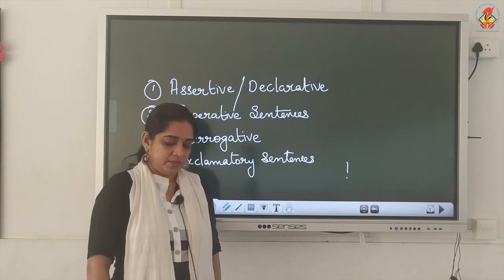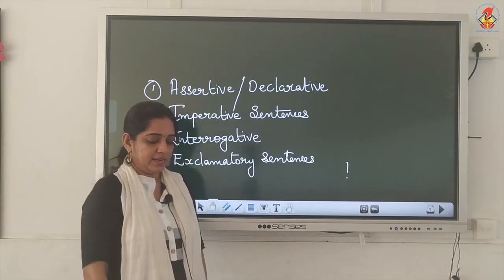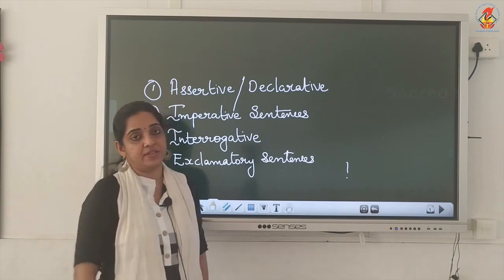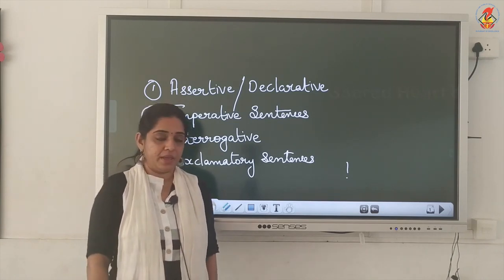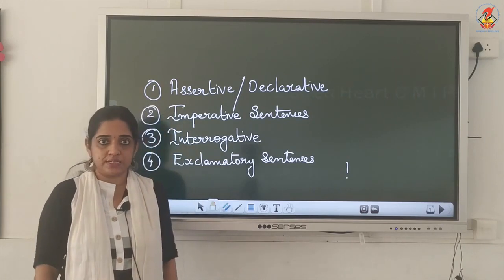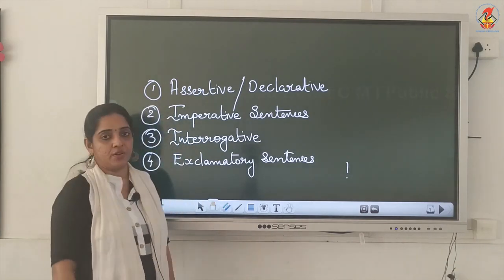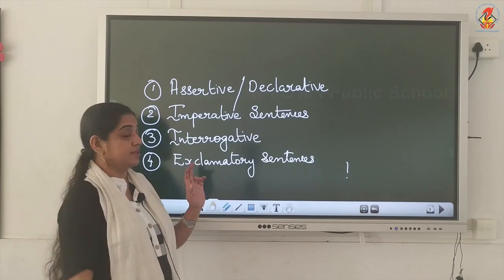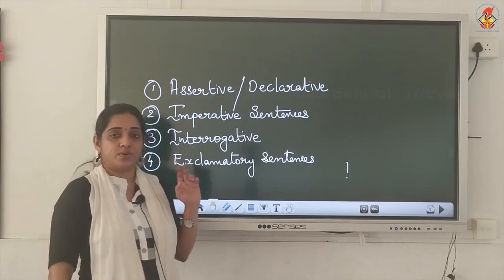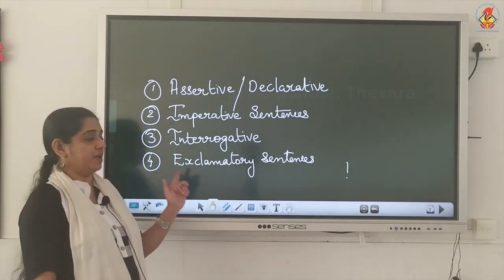Before ending the lesson, let's see how many types of sentences there are. There are mainly 4 types. First one is assertive or declarative, second is imperative, third is interrogative, fourth is exclamatory.